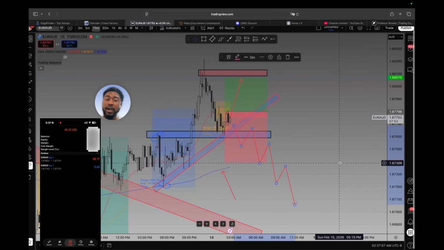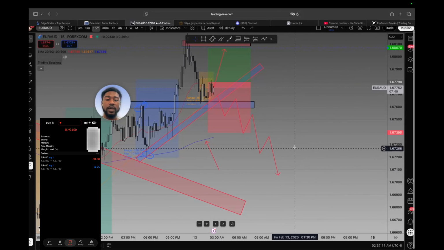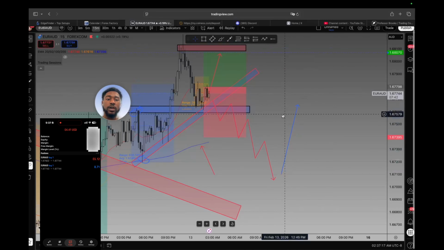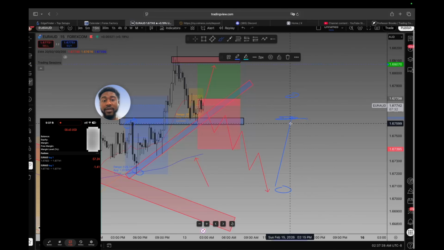So when it finally decides to go back to the upside, I can close my initial buys at this zone and my buys from this zone to close it for a break even. While those sales I have, I can put at break even and just let them get hit at break even. So overall, the trade closes at a break even or a small net profit.